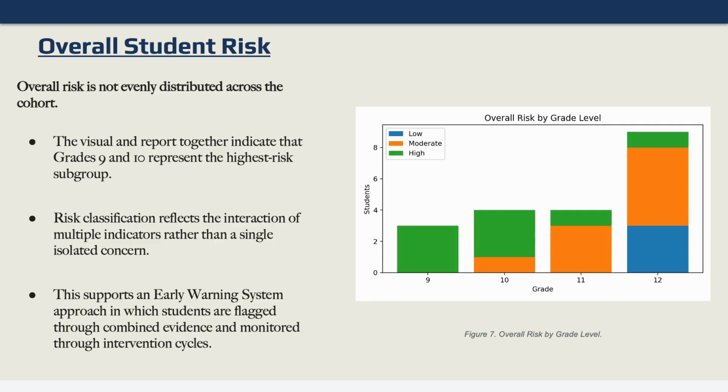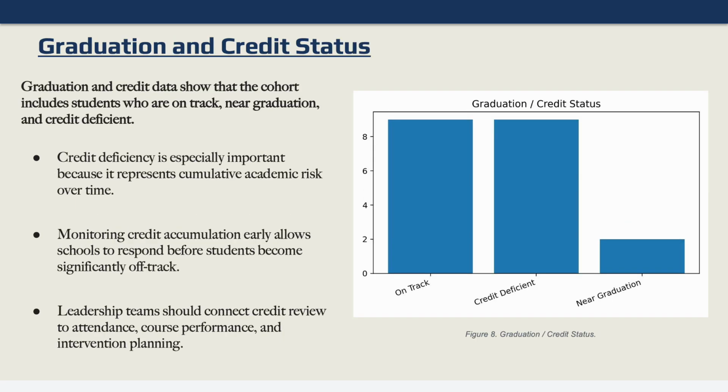The suggestion here is to implement an early warning system that will flag students through combined areas of deficiencies, which means that this population of students shows that they are at risk in multiple areas, such as attendance, lower GPAs, academic struggles, as well as behavioral infractions.